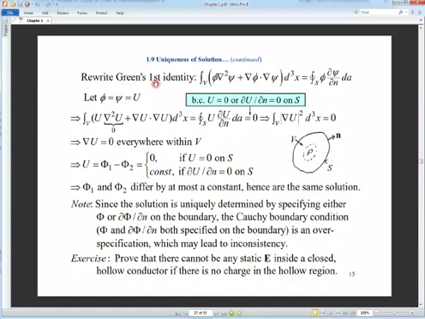Rewrite Green's first identity, as I told you before. Let's try this equation first. Green's identity, this equation. So the boundary condition is u equal to 0, or derivative of u over n equal to 0 on the surface, Neumann condition or Dirichlet condition.